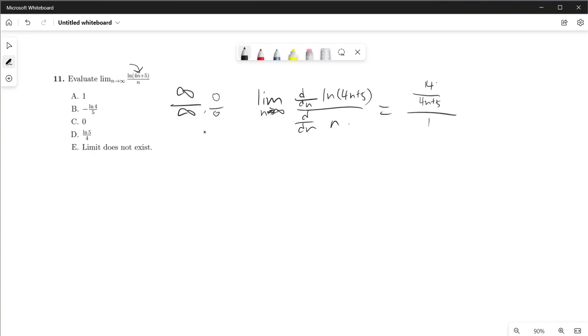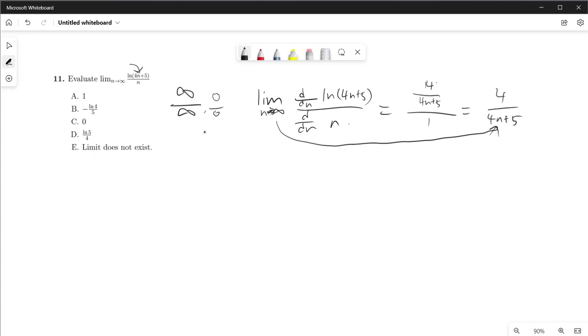Remember the chain rule. In this case, this limit would just be 4 over 4n plus 5, and now we again can try to figure out this limit by plugging infinity in for n, right?